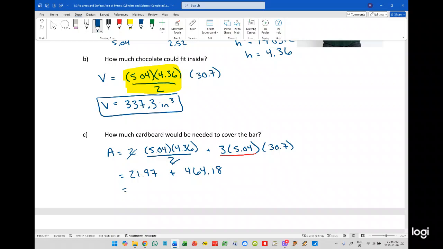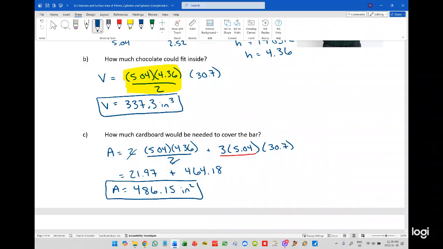And then we'll throw those together and we get 486.15 square inches. And I think it's probably overkill to include 2 decimal places there. It's about 486 inches squared.